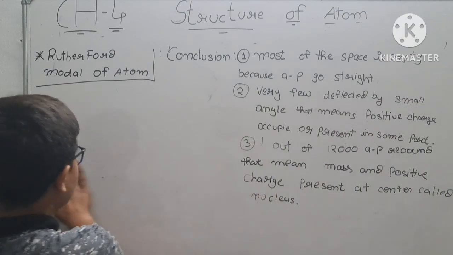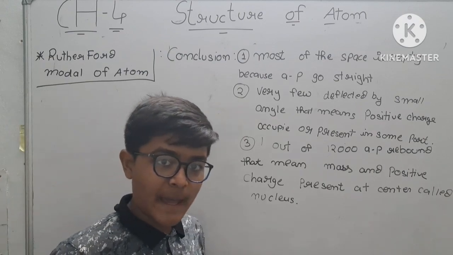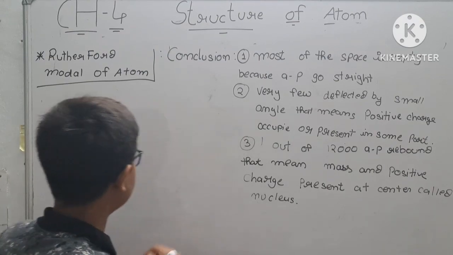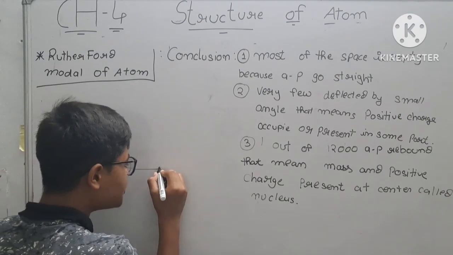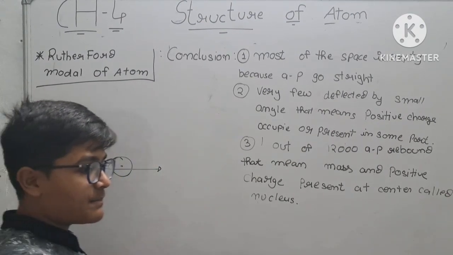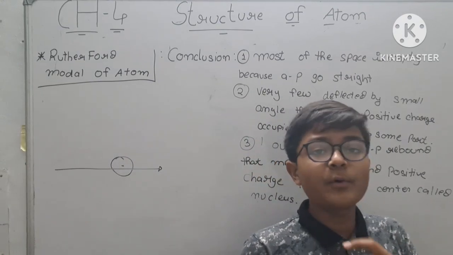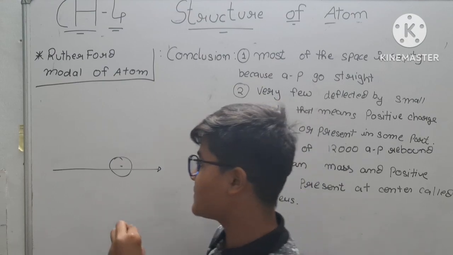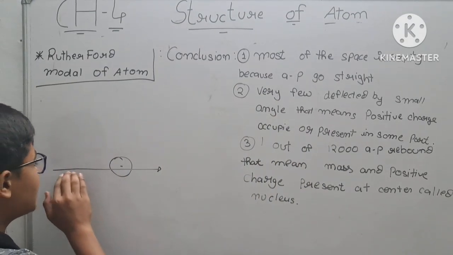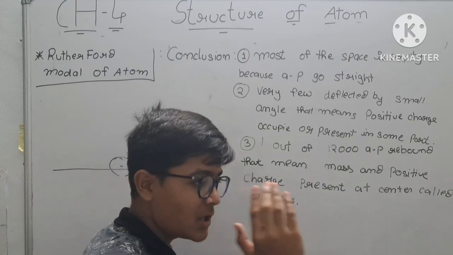There is one gold atom, and alpha particles go straight through. That means the positively charged sphere occupies a very small area. That's why most of the space is empty, and that's why most alpha particles go straight.